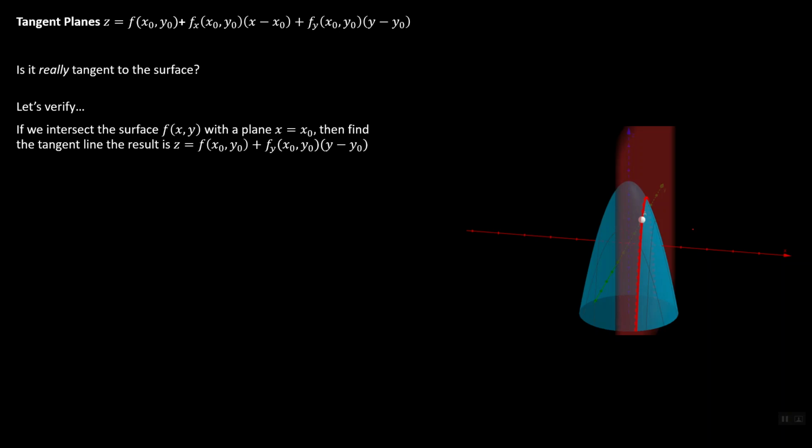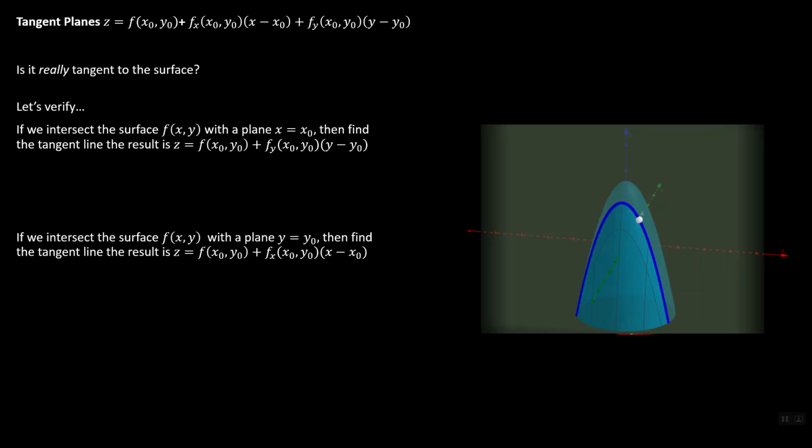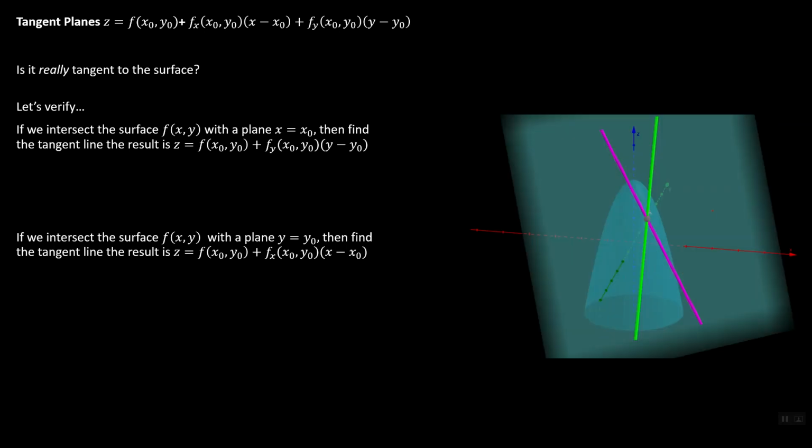So this reduces down to a Calc 1 problem. Then we can do the same thing in the y direction, slicing our surface with a plane y equals a constant. Then we can find the curve that intersects our surface and that plane, and find the equation of the tangent line, just like we did with our partial derivatives.